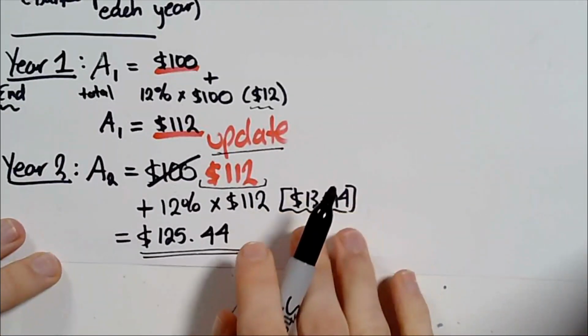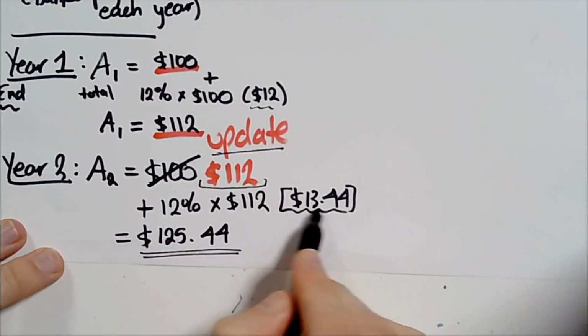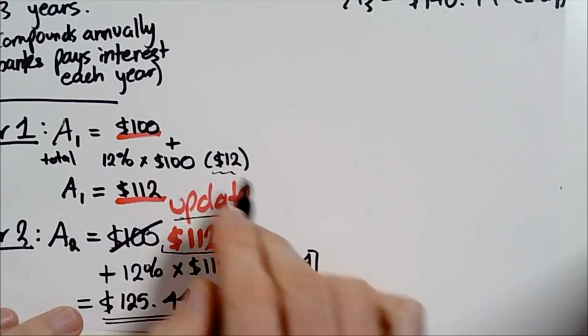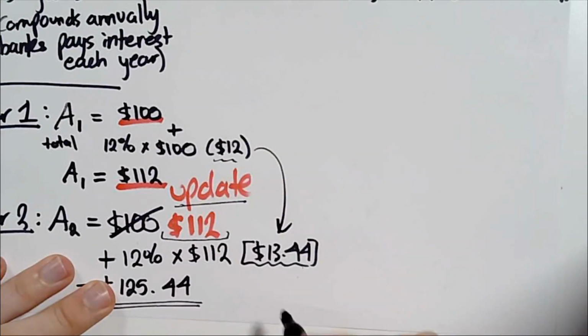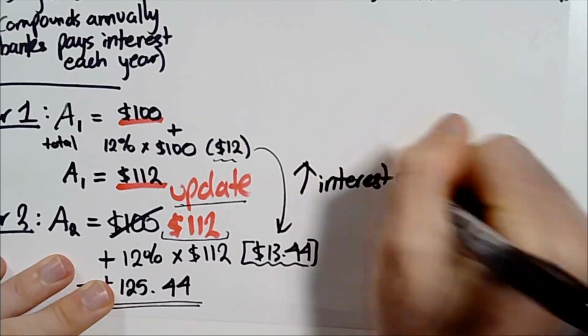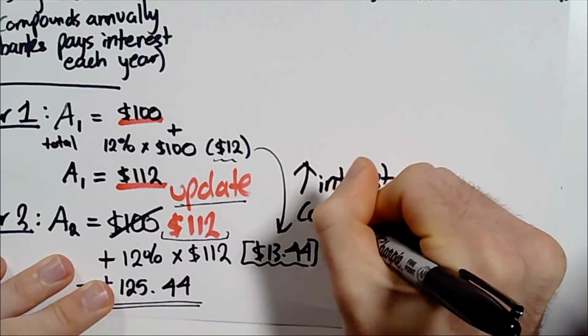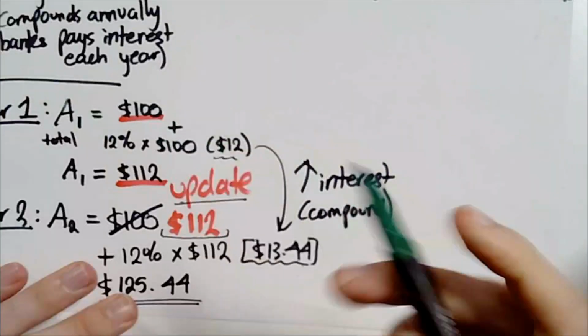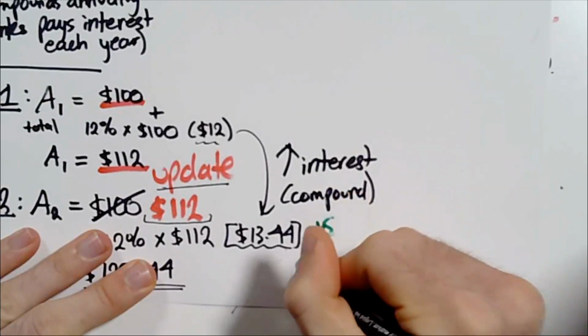So notice how the interest in the third year we got was $15.04. The interest in the second year was $13.44, and the interest after 1 year was only $12. So it is compounding. It is getting bigger. The interest each year is increasing. That's why we call it compound interest. The opposite of compound interest is simple interest.